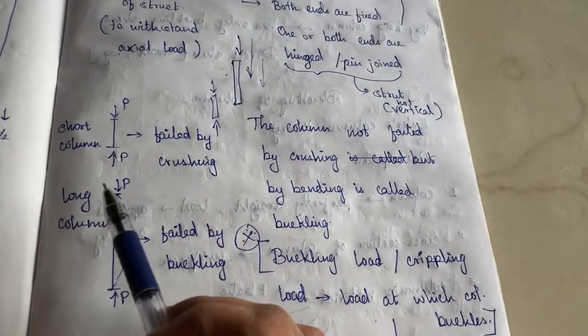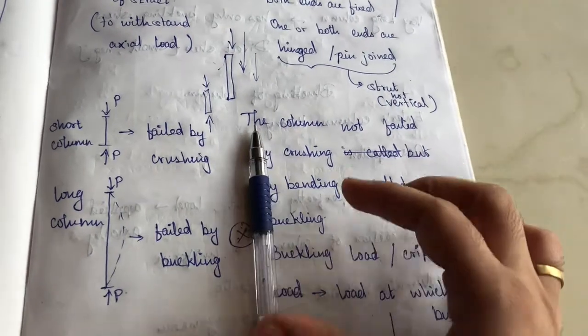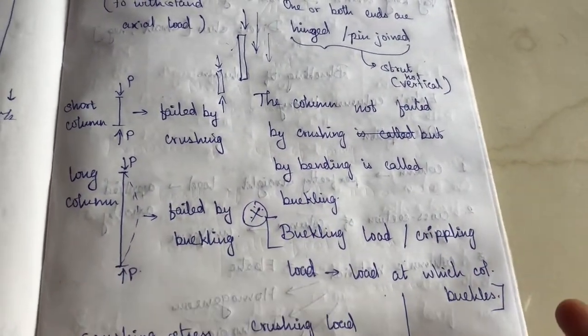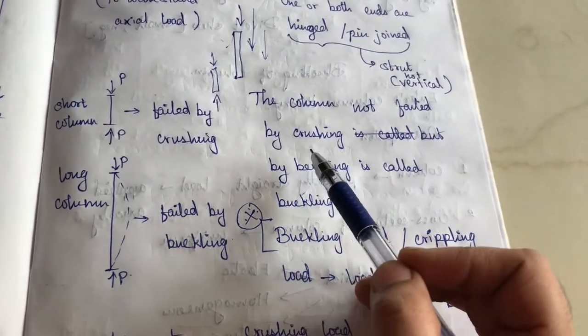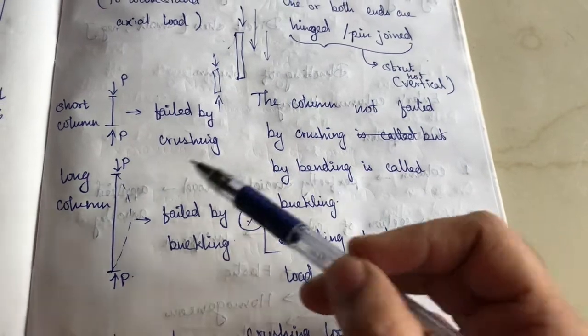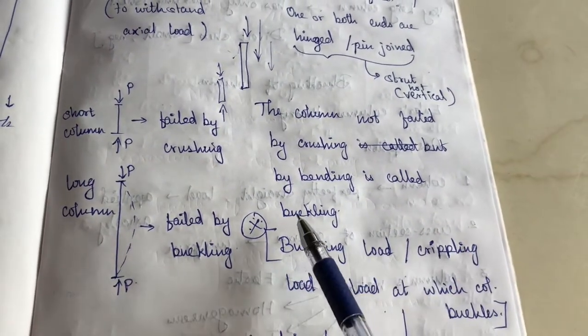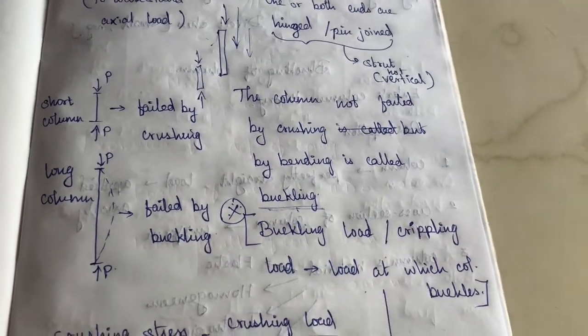Whereas a long column will fail by buckling. It will start to bend. So this bending is called buckling. The column is not failed by crushing but by bending. So it is not at all crushing, but it occurs bending, and that is called buckling. So this is the main buckling of column.